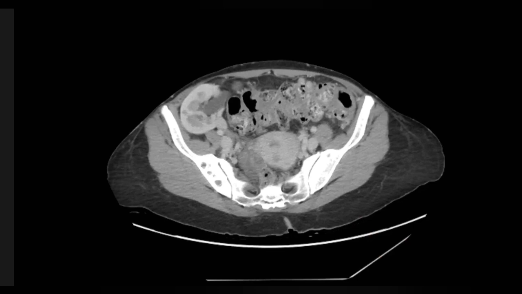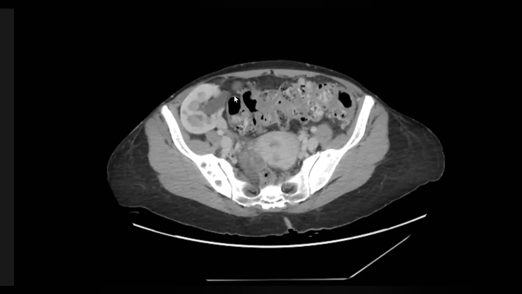What's more? This is in the differential. The differential would be inflammatory colitis and ischemic colitis. The hint is in the image.